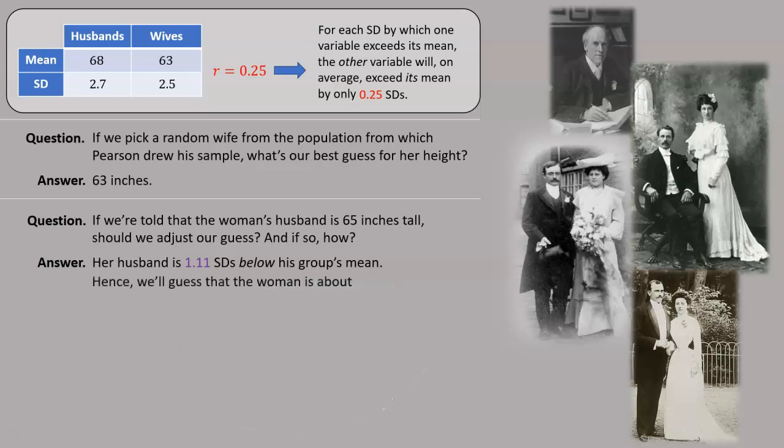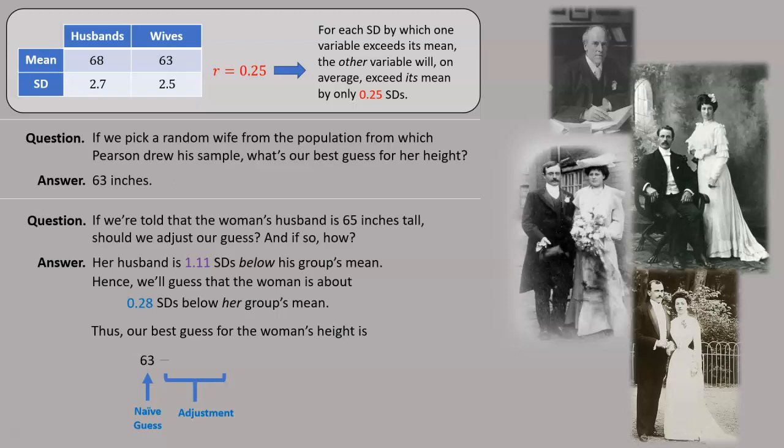Hence, we'll guess that the woman is about some number of standard deviations below her group's mean. But what is that number? It's not 1.11. It's only 25% of that, which works out to about 0.28 standard deviations below her group's mean. Thus, our best guess for the woman's height is found as follows. We start at 63, which is her group's mean, our naive guess, as it were, but we'll adjust this guess by subtracting off 0.28 standard deviations.